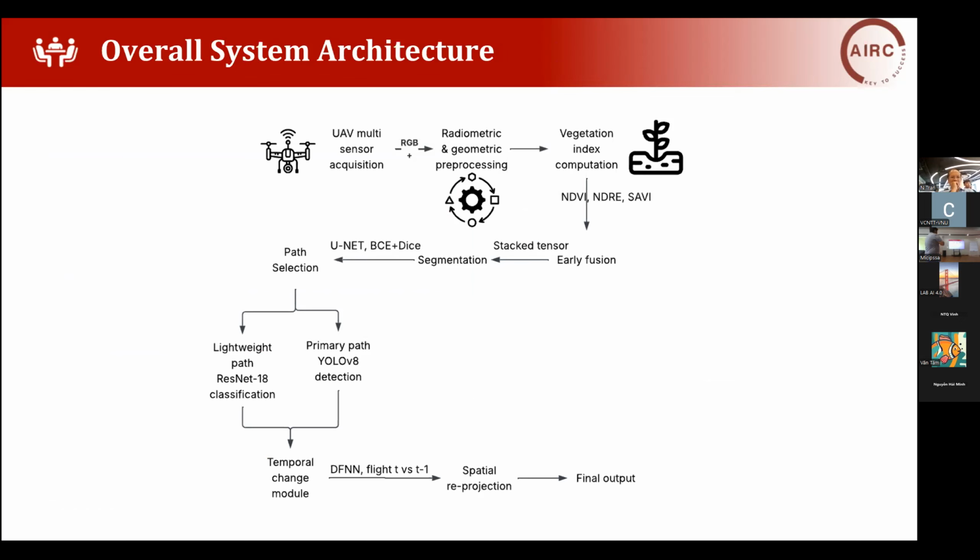For lightweight rest entity classification, it can have many temporal chain modules, but for the primary part, that is UAV detection, it still needs to improve. So the methodology here, the detection of every pest and stress in the field and the crop, can be detected in both ways.